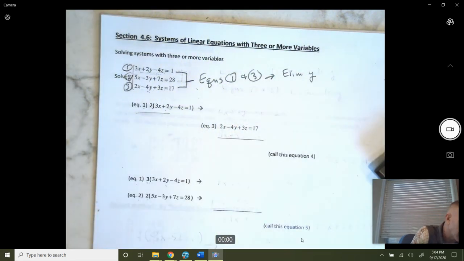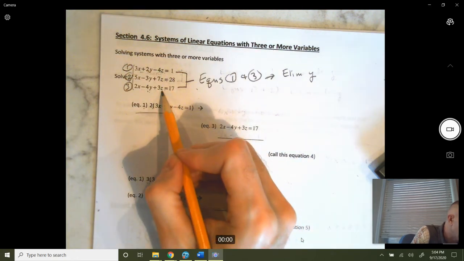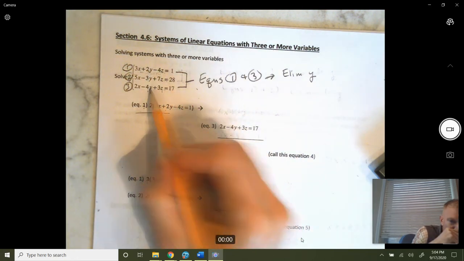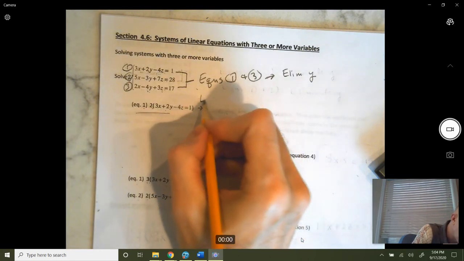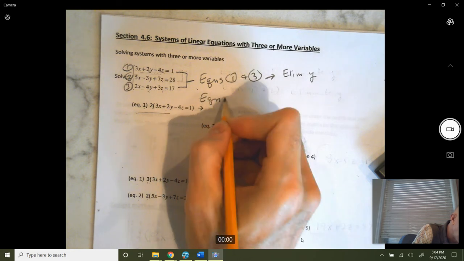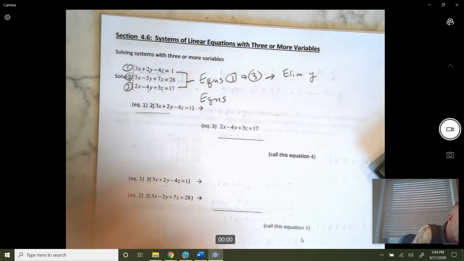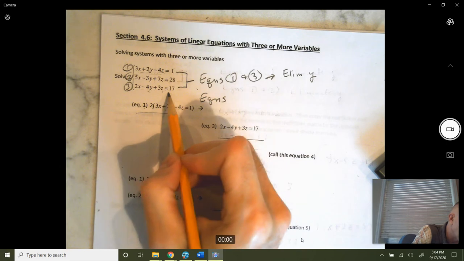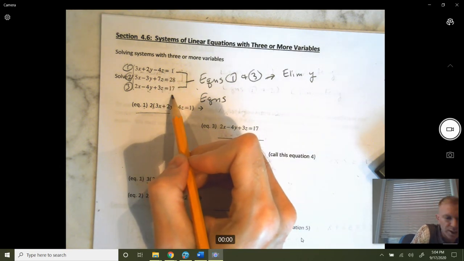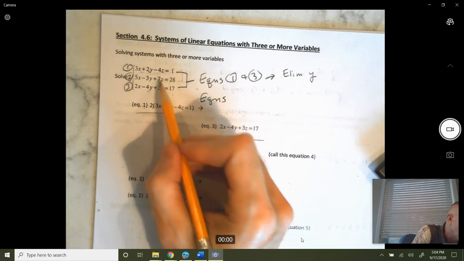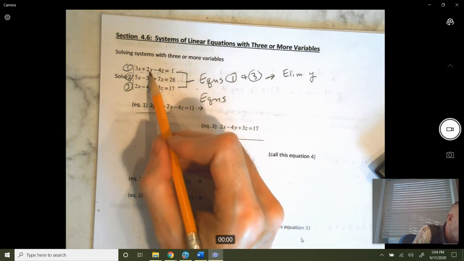So if we take the first and third equation and eliminate y, we're going to get an equation that just has x's and z's in it. Our second step is we're going to take another pair of equations. It doesn't matter what pair, but if we took 1 and 3, now we either have to take 1 and 2 or 2 and 3. Obviously, you don't want to take the same pair of equations. So let's just take the first 2. It looks like we can eliminate the y's again.